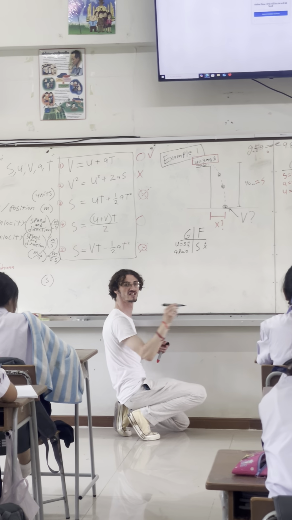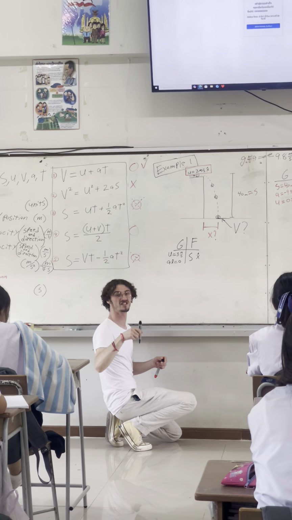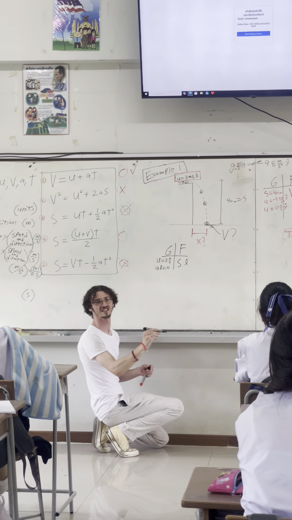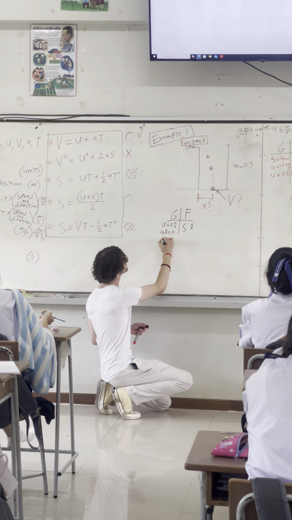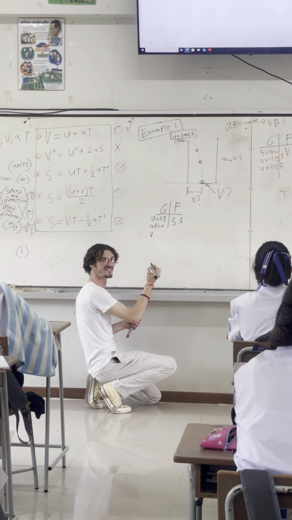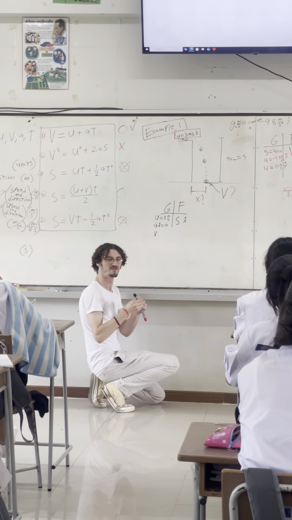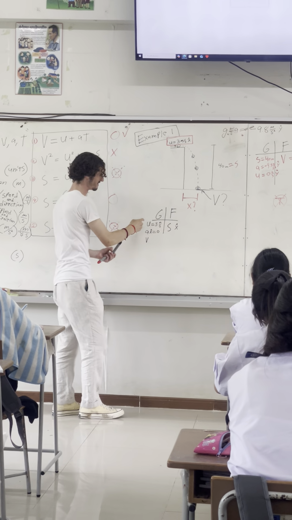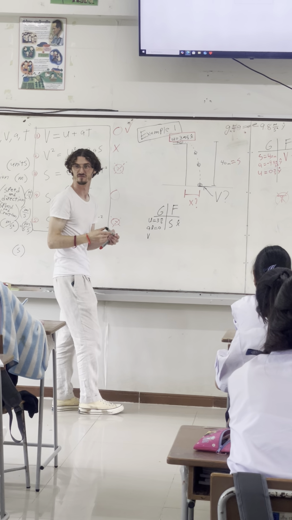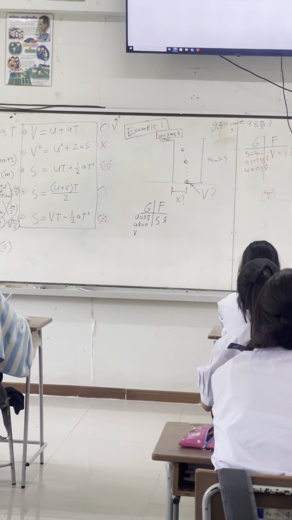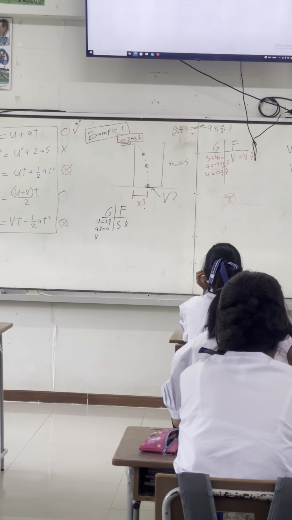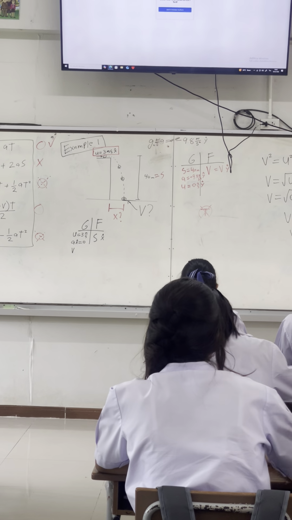No acceleration in the x direction, acceleration in the y direction. The final speed V, because there is no acceleration, is the same as U. It will always keep going at the same speed forever, like on a frictionless surface.